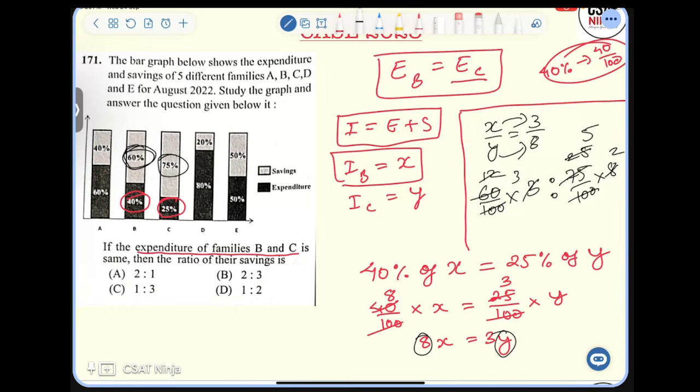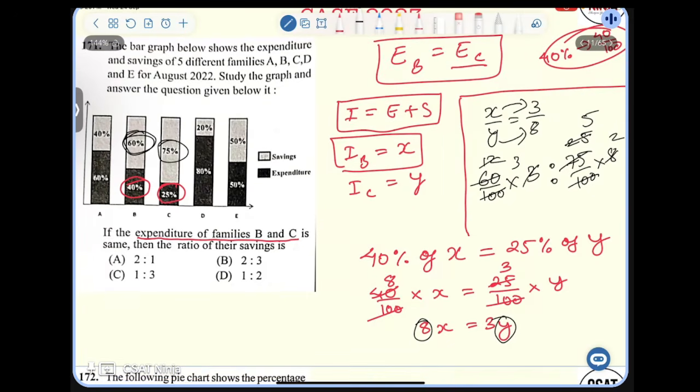Is there any error? So 60 divided by 100, 25 divided by 100, so I'll just cut it again.